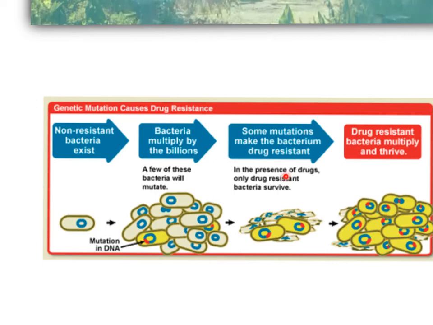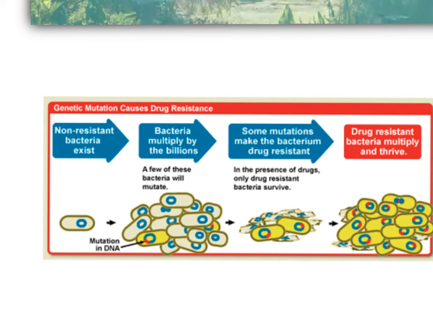Then when they're exposed to antibiotic, most of the bacteria will die, leaving our few resistant bacteria. These bacteria again, because of a lack of intraspecific competition, have access to lots of nutrients and food. They therefore rapidly divide to produce a strain of bacteria, all of which are resistant to our antibiotic.